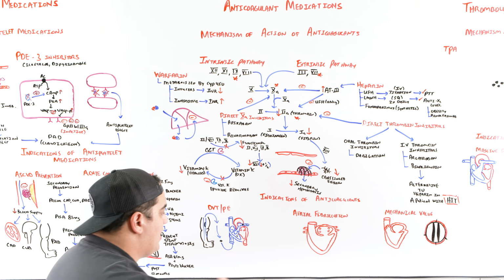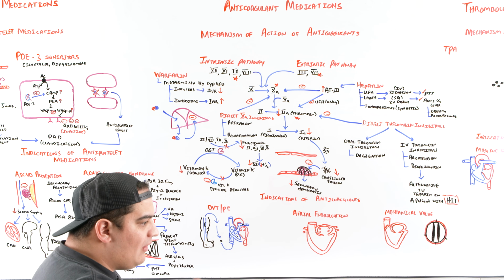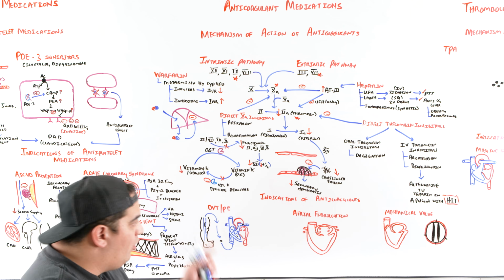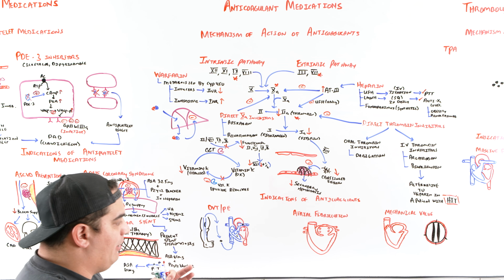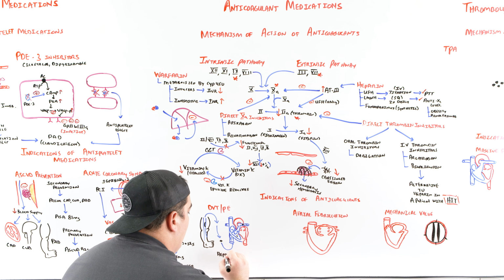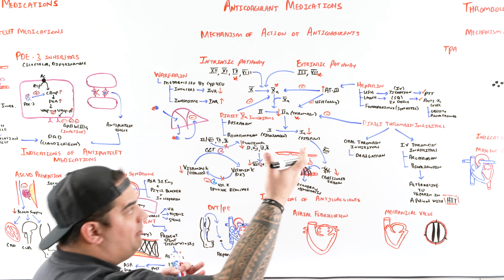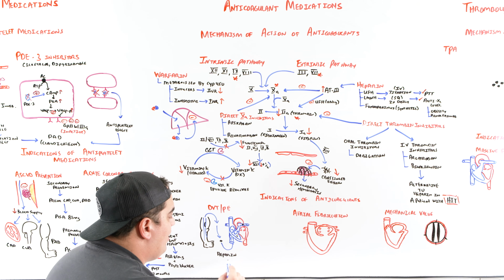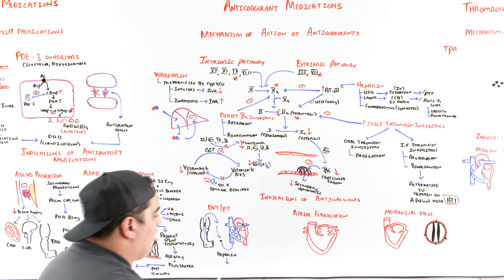So in a patient with a PE or a DVT that is not severe or extensive, we'll give these medications to prevent them from getting bigger. Oftentimes we'll start off with heparin, and often it could be low molecular weight heparin. We'll do that for a little bit while they're in the hospital or outpatient.